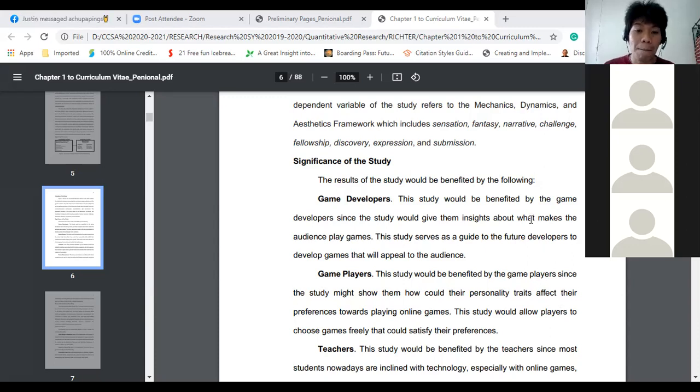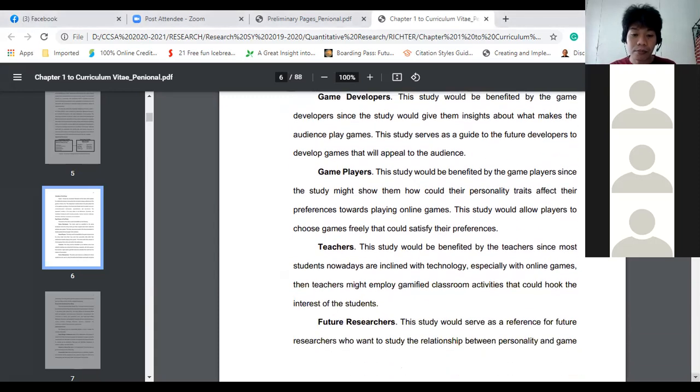So, for example, in this study, personality traits and game design preferences of the gamers in Davao City, here are the group of people that can benefit from the study. You have the game developers, the game players, the teachers, and the future researchers.